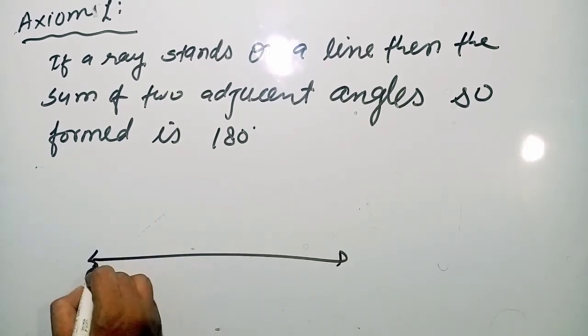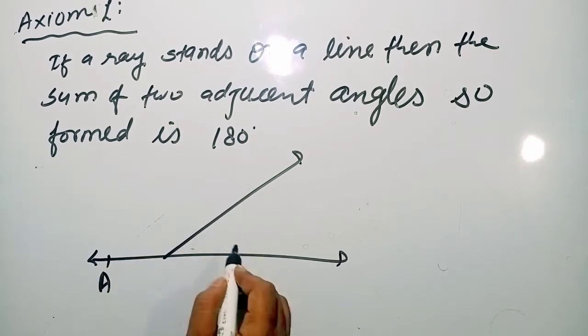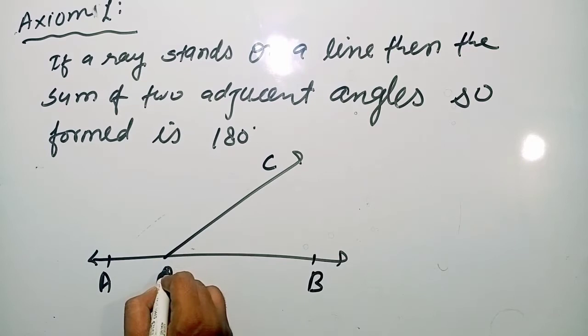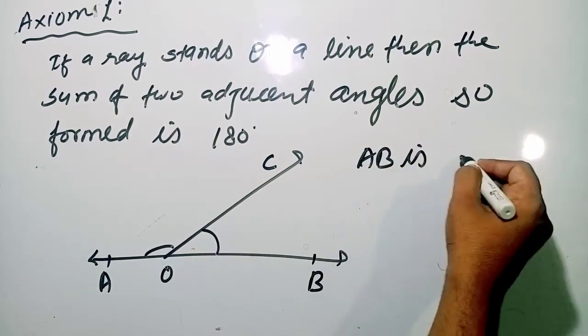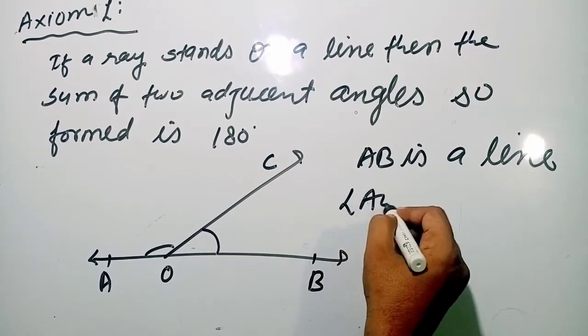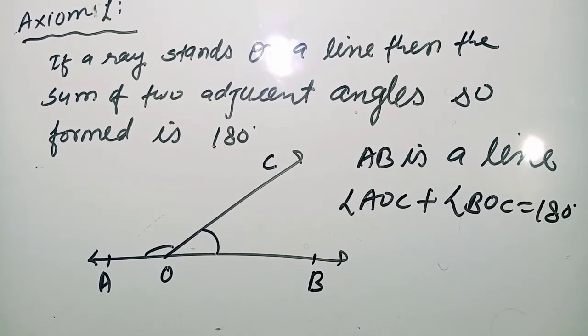If a ray stands on a line, then the sum of adjacent angles is 180. Here ray OC stands on AB, so angle AOC and angle COB will be what? 180. So AOC plus BOC is equal to 180 degrees.